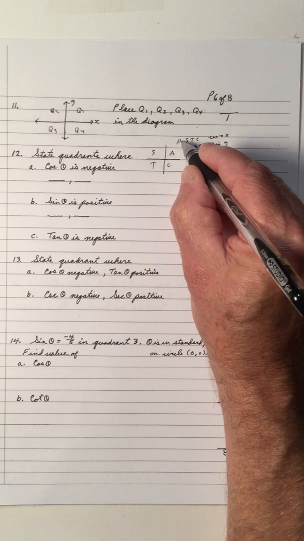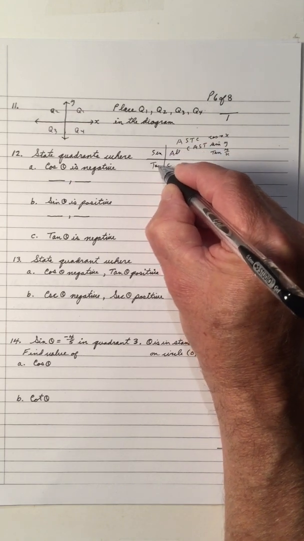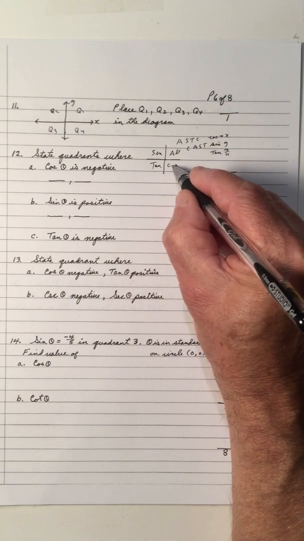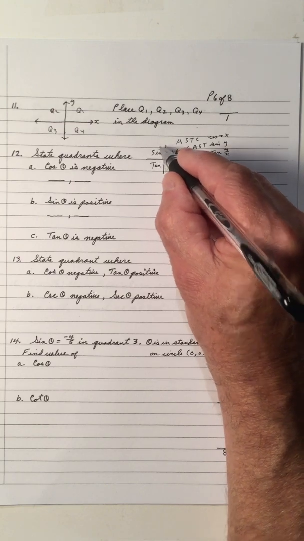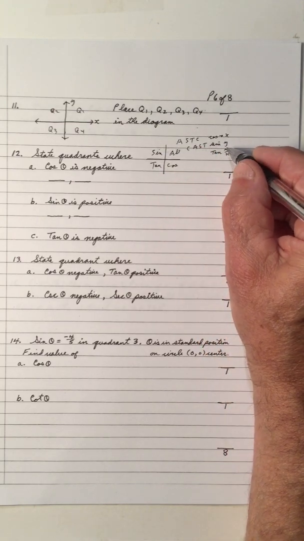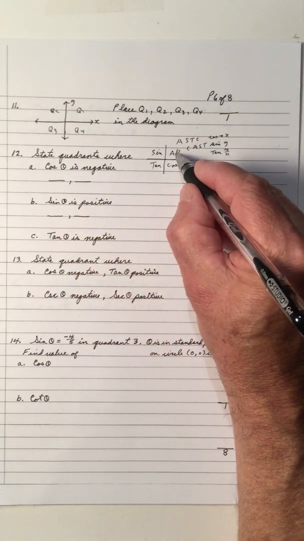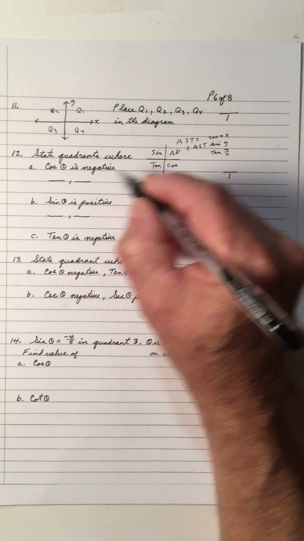If you start with this one, A stands for all, sine, tan, cos. Or you can have the casserole. The only thing about the casserole is it starts in quadrant 4 and goes C-A-S-T. Or you can think of cos as the x. So cos is positive in 1 and 4, so it's negative in 2 and 3.